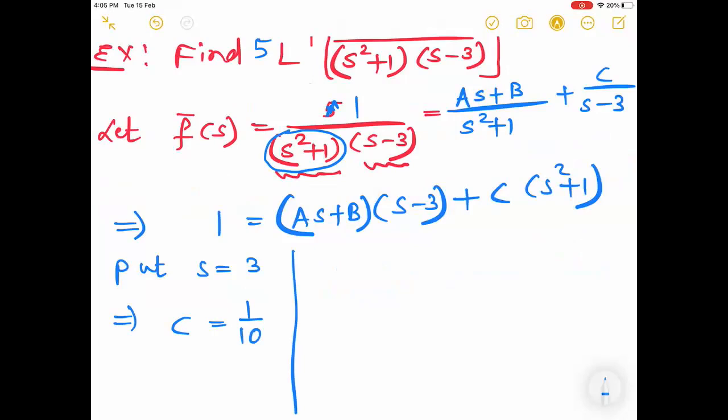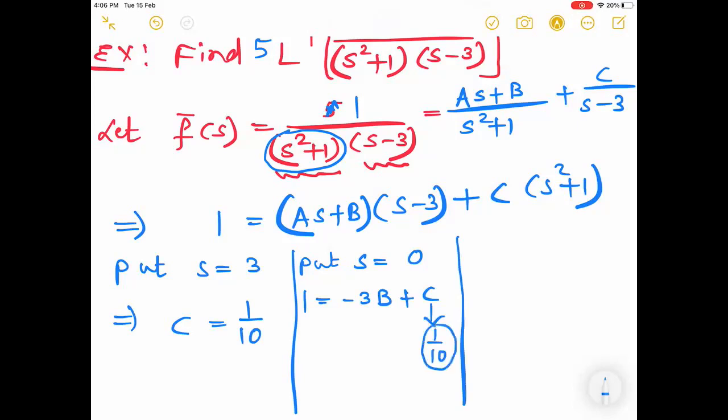Put s equal to 0. Then the left hand side 1 equals A into 0, which is 0, and 0 minus 3 means minus 3, so minus 3 into B will come from this bracket, and the second term will just give the answer for C. Now, if you put C as 1 upon 10, you can get the answer for B from here.